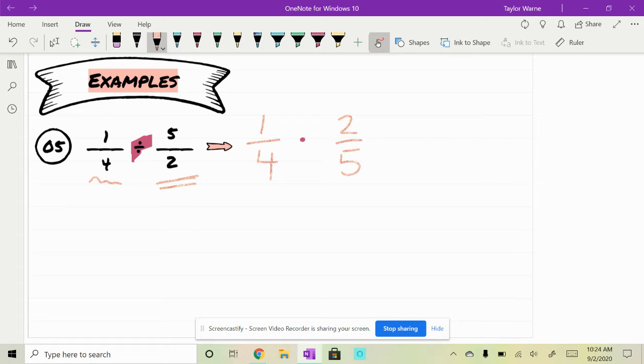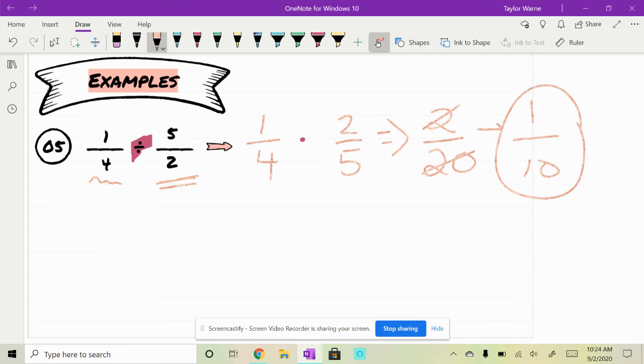So because I've done quite a few of the cross canceling, I'm going to do this one straight across and then simplify from there. So here we have 1 times 2, which is 2. And then we have 4 times 5, which is 20. So now we have 2 divided by 20, so we're going to simplify further. So 2 goes into both of them. So this becomes 1/10 as our final answer.